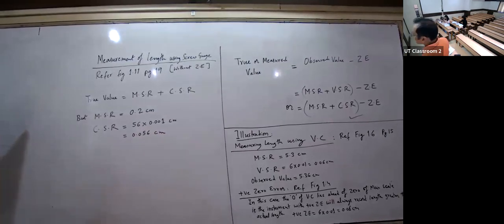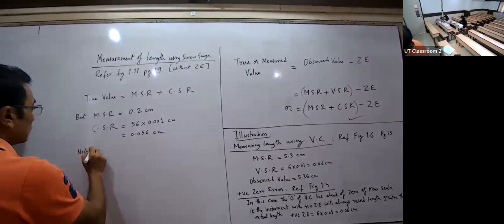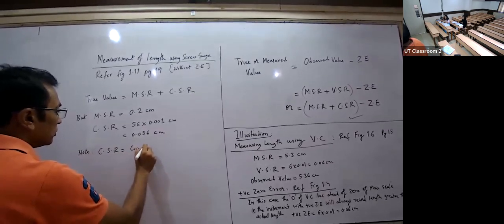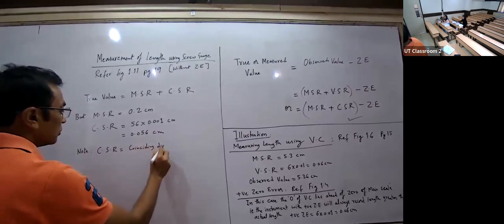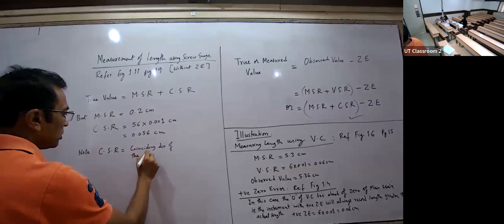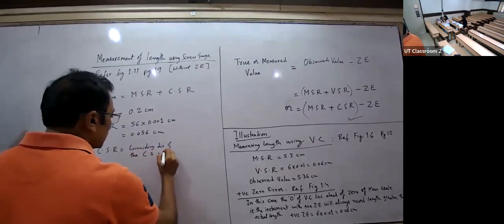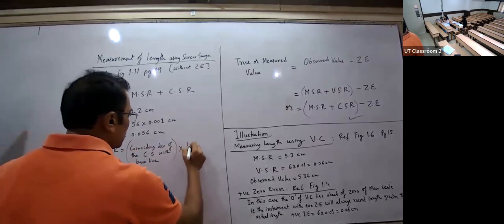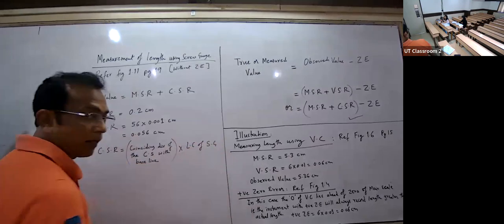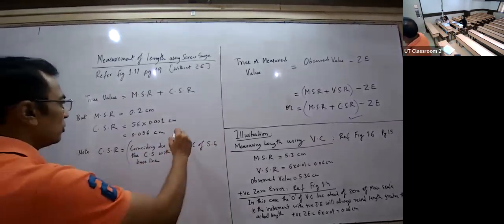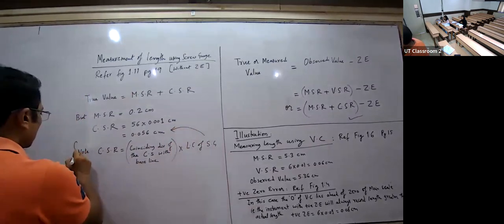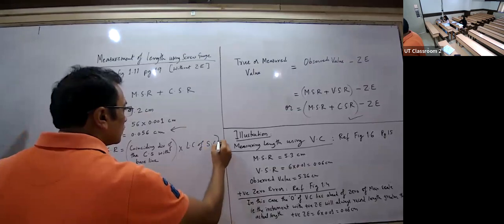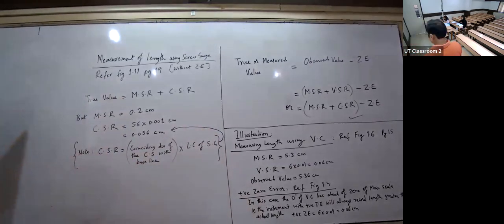Okay. So now, the circular scale reading is equal to the coinciding division of the circular scale with the baseline into the least count of the screw gauge. Okay, this is how you get this.